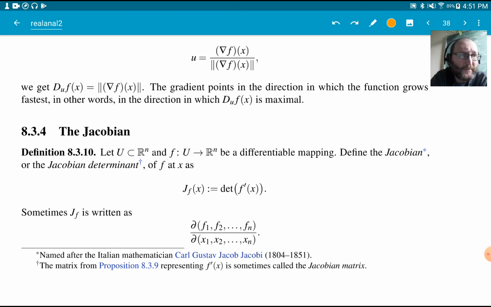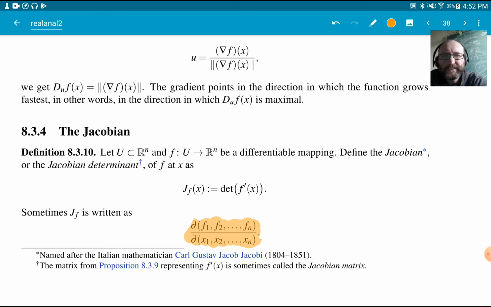If you're expecting a number, it's the determinant, and a lot of times it is the number. That seems to be very common usage. We'll write it as J sub f. Now, sometimes this is written in this funky way.